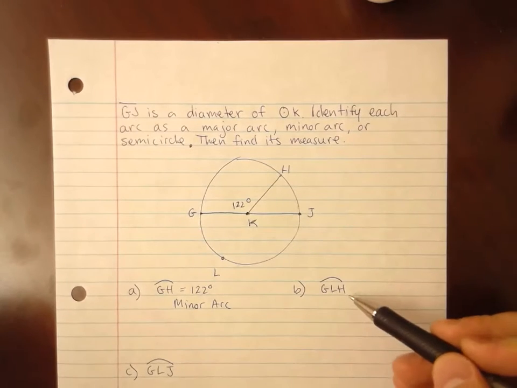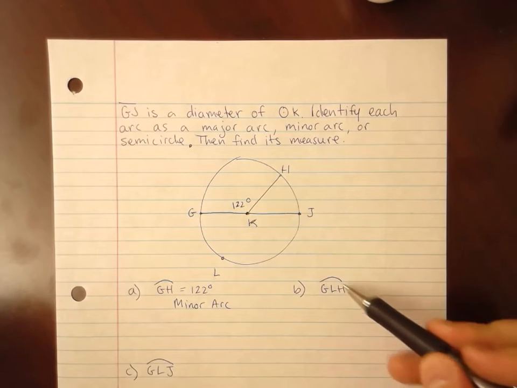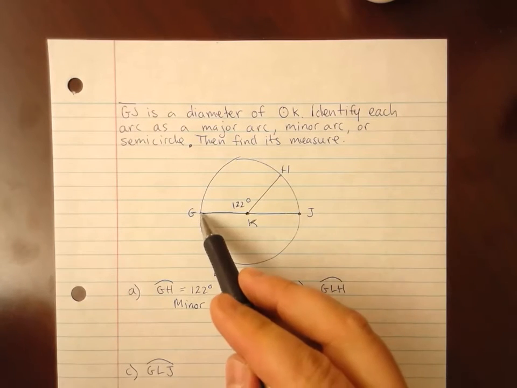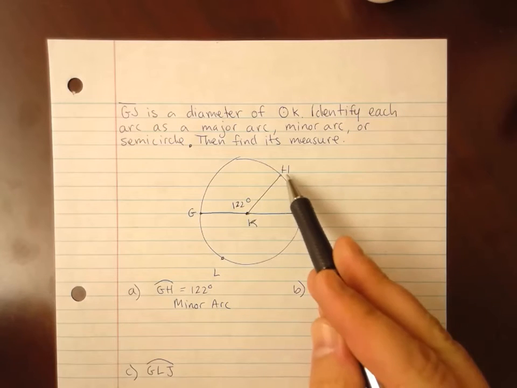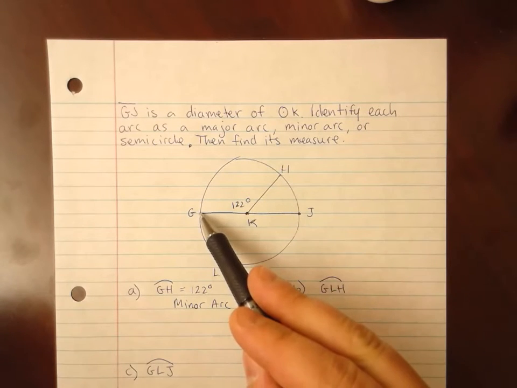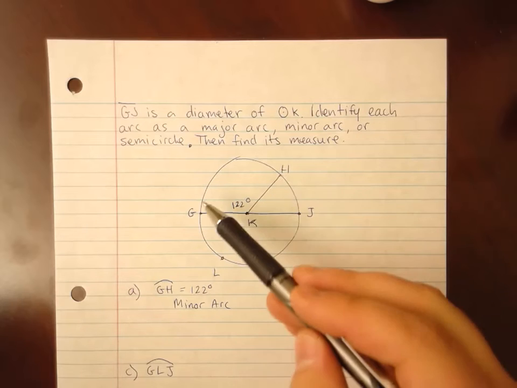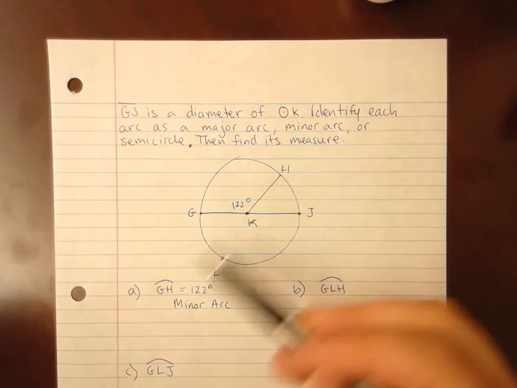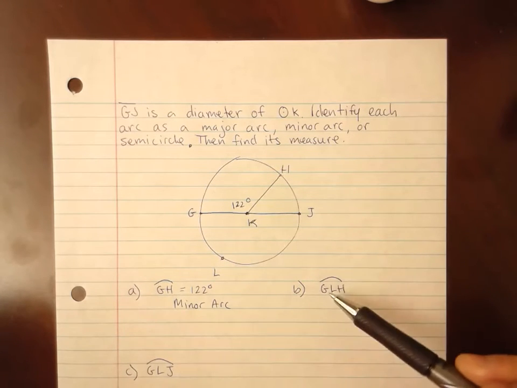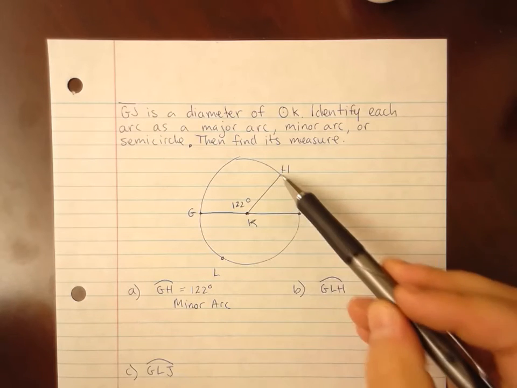Alright, going to B, arc GLH. That is going from G to L all the way over to H. The other side of the circle, since we already did G to H for part A, part B is everything else on that other side.